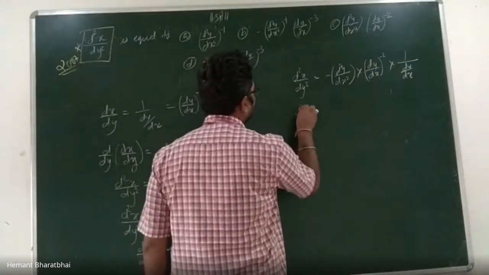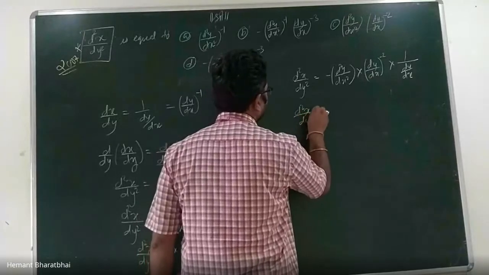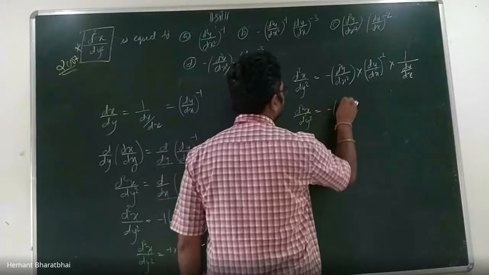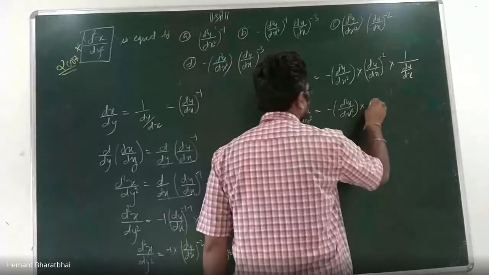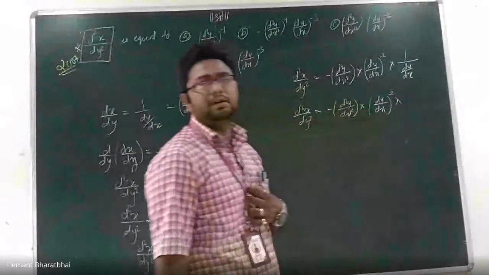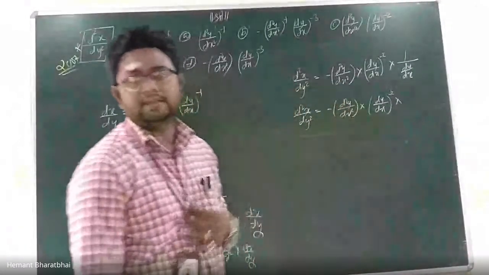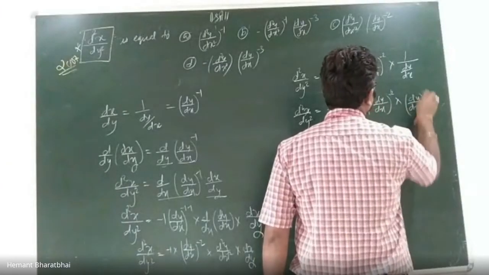Therefore, I will get d2x by dy square is equal to minus of d2y by dx square into dy by dx the whole raised to minus 2, into 1 upon dy by dx, which can further be written as dy by dx raised to minus 1.